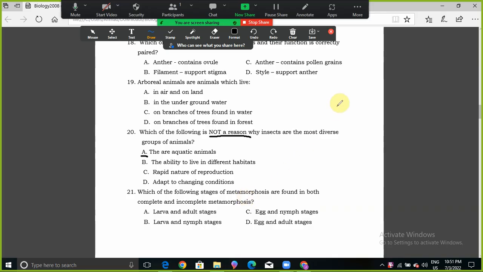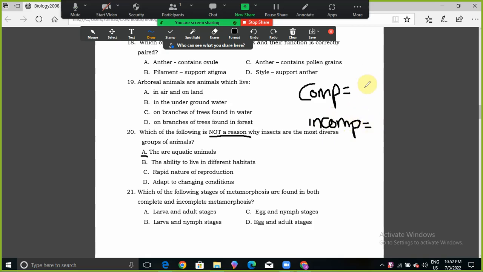Here is complete, and here is incomplete.